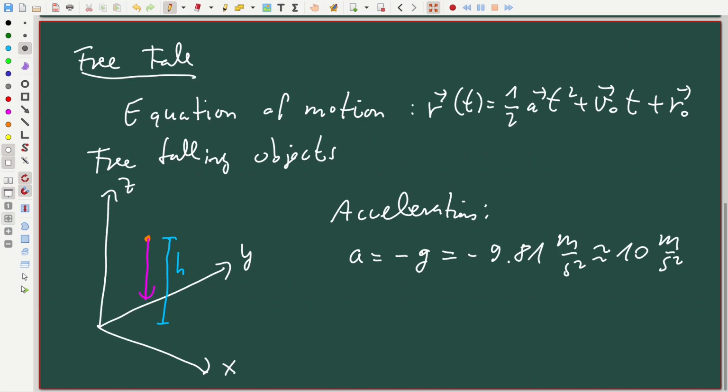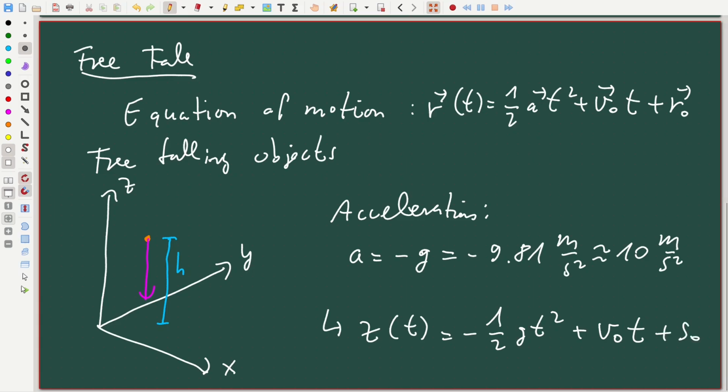Now we have actually everything we need, because now we can directly write down the equation of motion for this free fall. Because we have only a movement in negative z direction, we can write z of t, so we only need the third component of our r vector. And this is minus 1/2 minus g, we have to insert, t square plus v0 t plus s0.